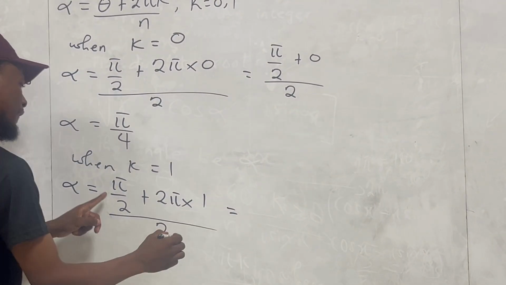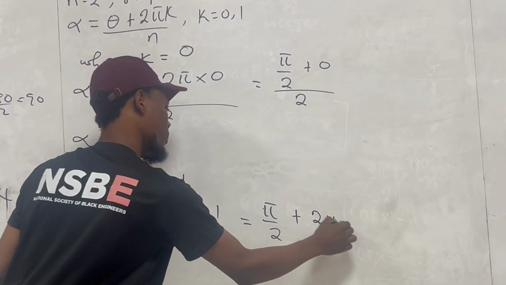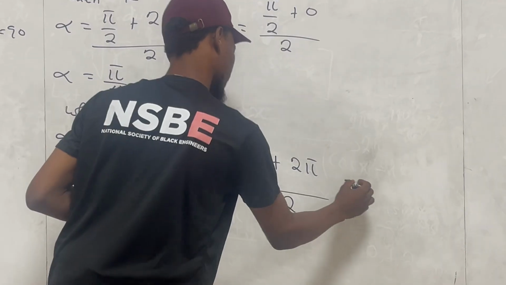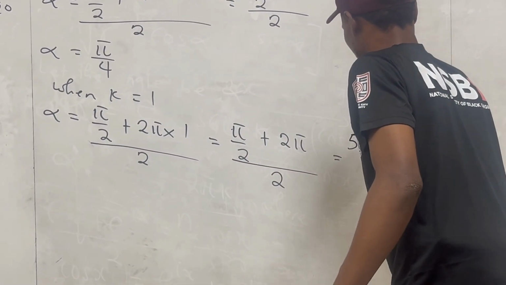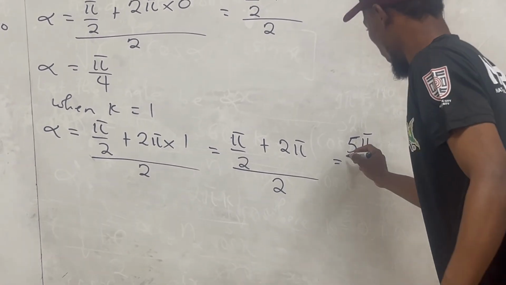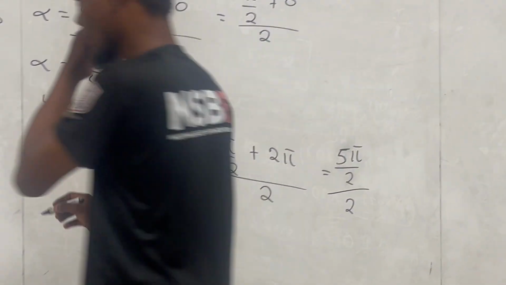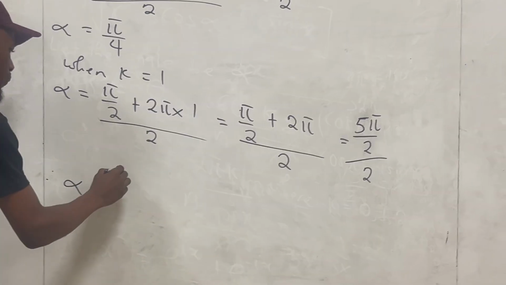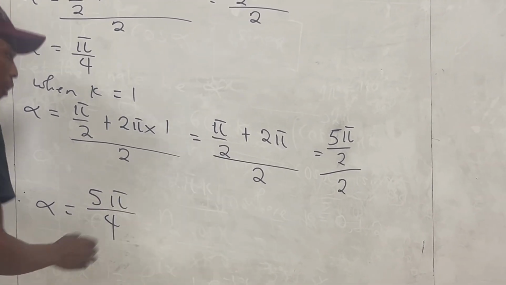So this gives pi on 2, then plus 2 pi on 2. This is the same as 5 pi on 2, then over 2. Therefore this angle is equal to 5 pi on 4.